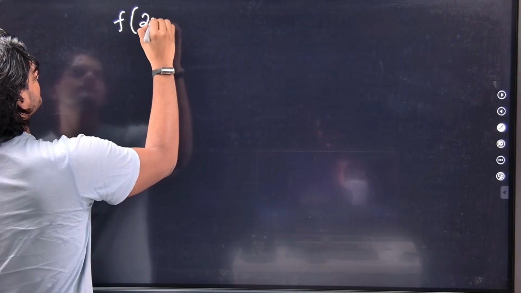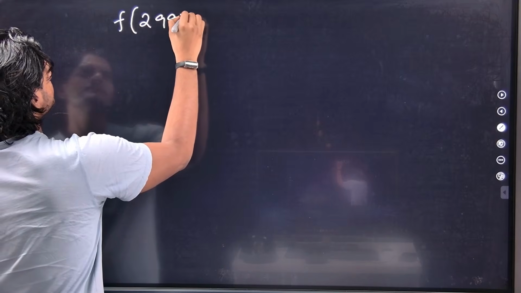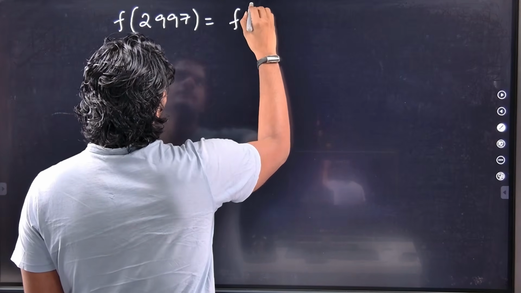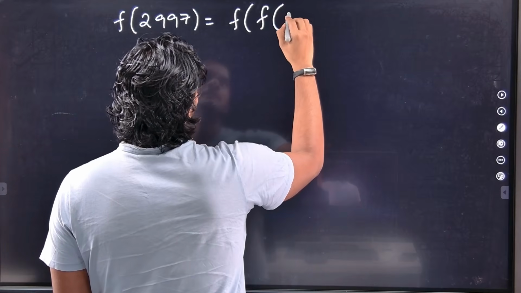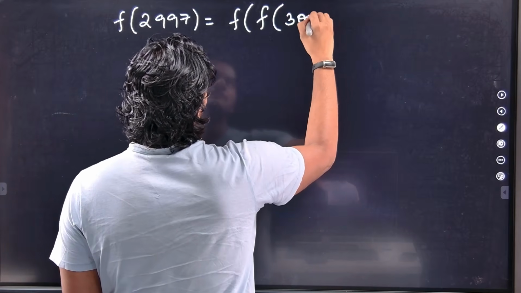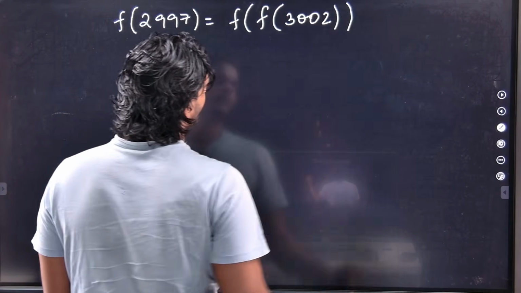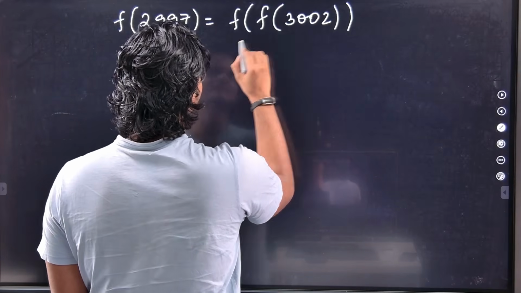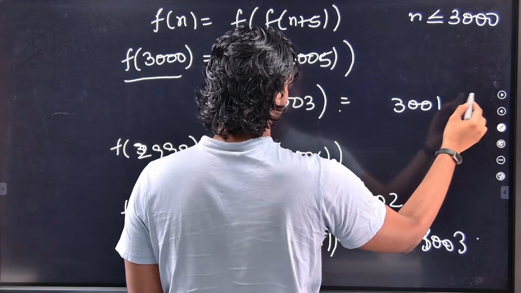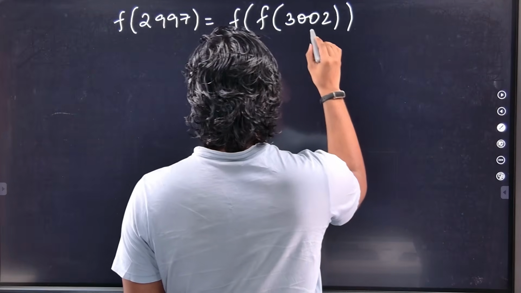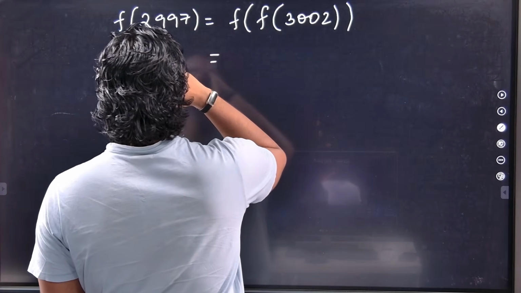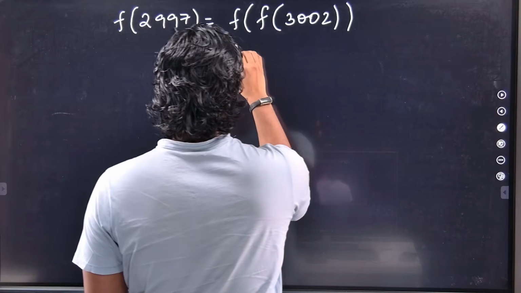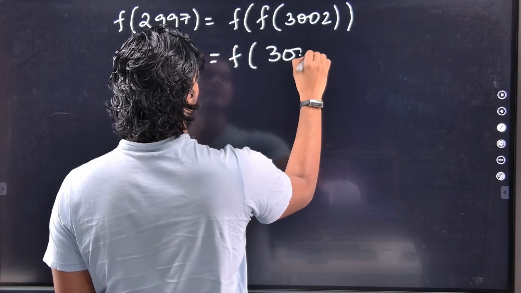f of 2997 will be f of 3002. What is the interesting thing which is going to happen? Yeah, obviously it is 3002, and we calculated that to be f of 3000.